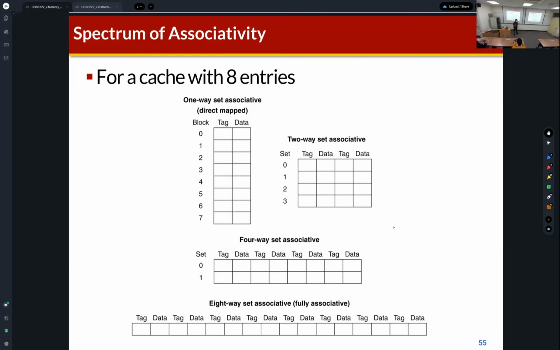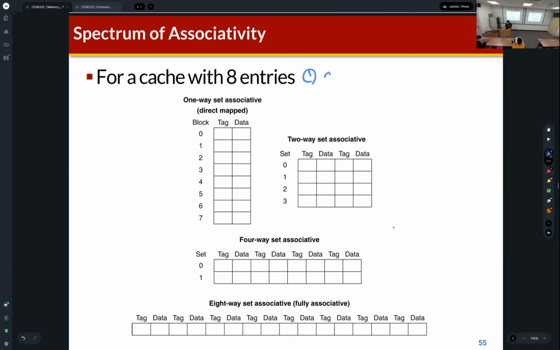In the previous class, we learned about the set associative cache. When we learned about the cache organization, we learned about the direct map cache, which means that we assume that one cache set includes only one cache block. But in the previous class, we learned about three different kinds of cache organization.